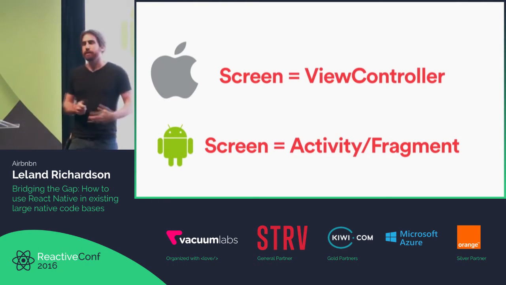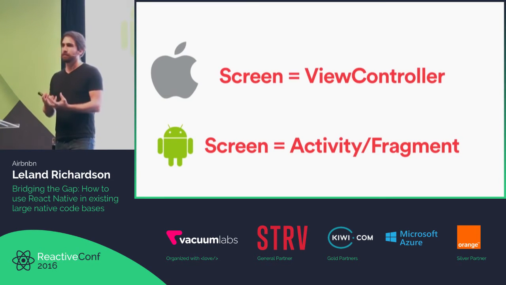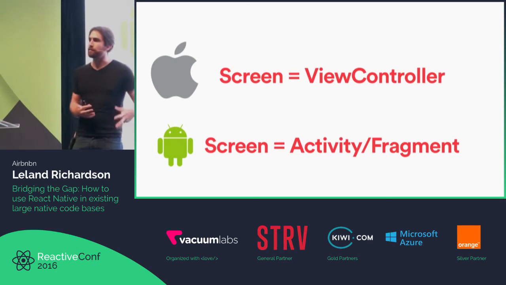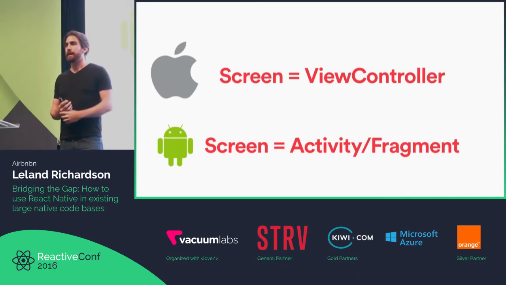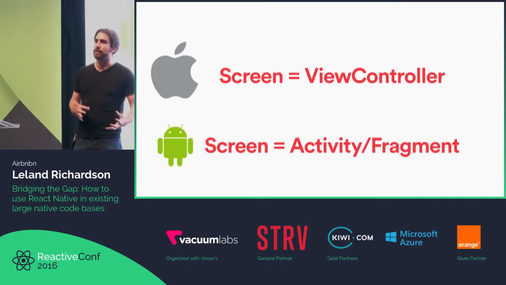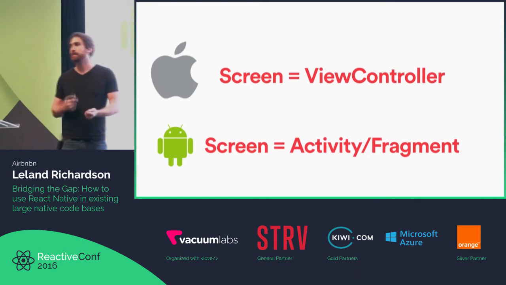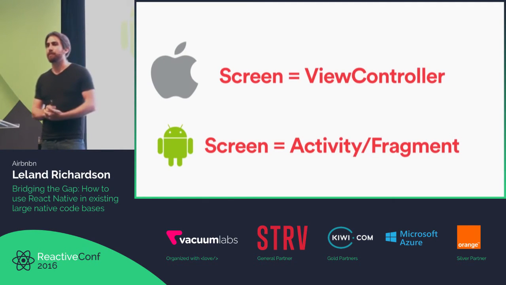And what this does is it really aligns us with the platform. The platforms expect screens to be these fundamental units, and there's a lot of things where you're going against the grain that require hacks to work around, that when you do this just fall away.